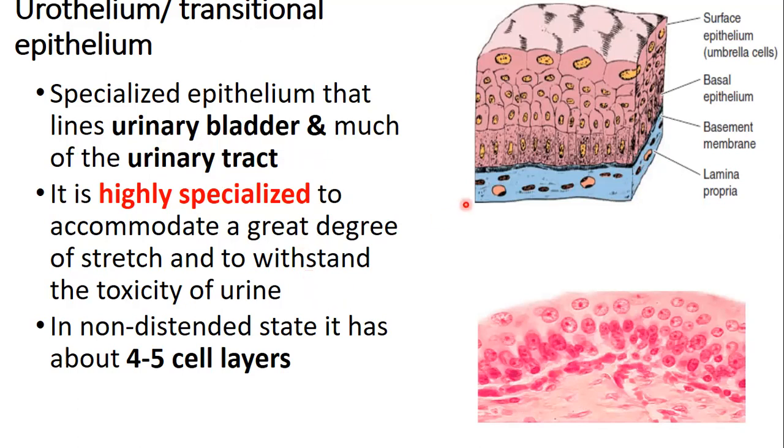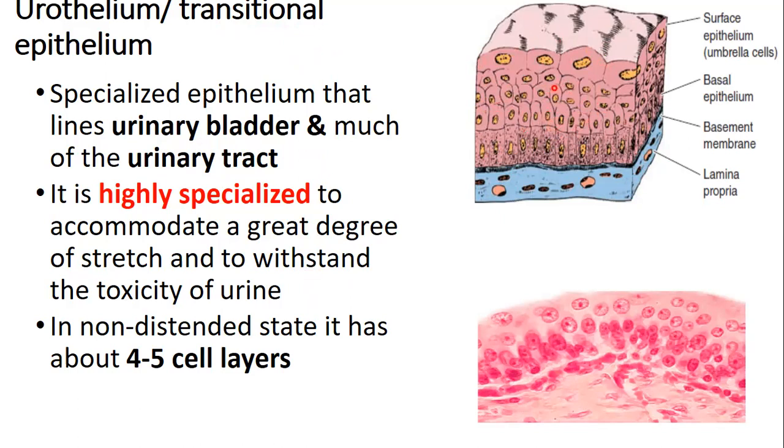Okay. So this epithelium is also called transitional because when the bladder is full, the layers are few here. When the bladder is empty, the layers are many. So if you can count, this is one layer, second layer, third layer, fourth layer, fifth layer.